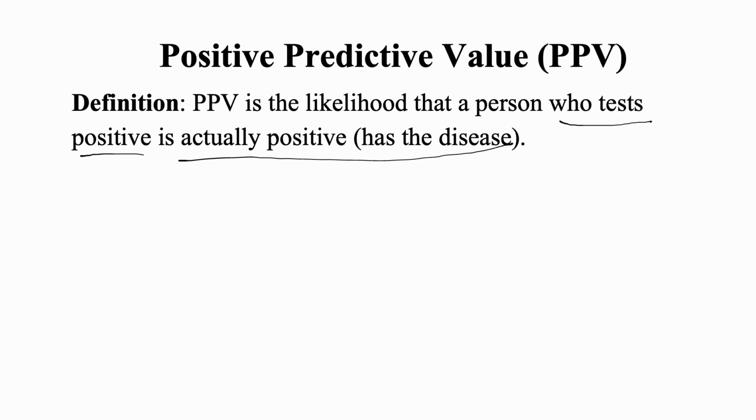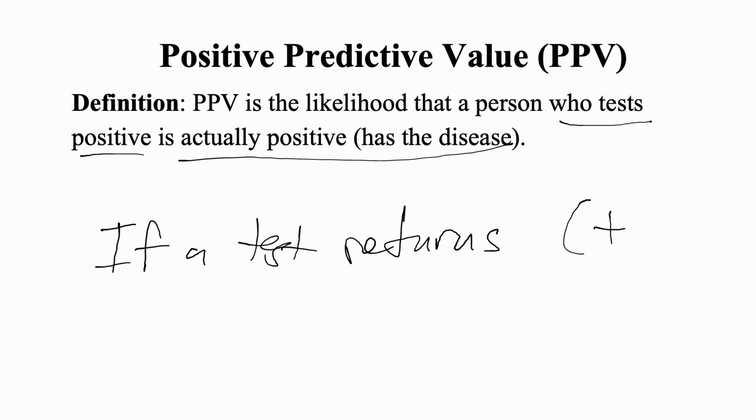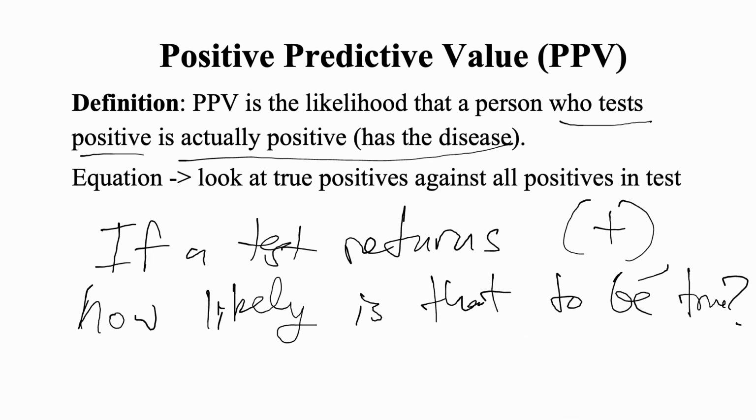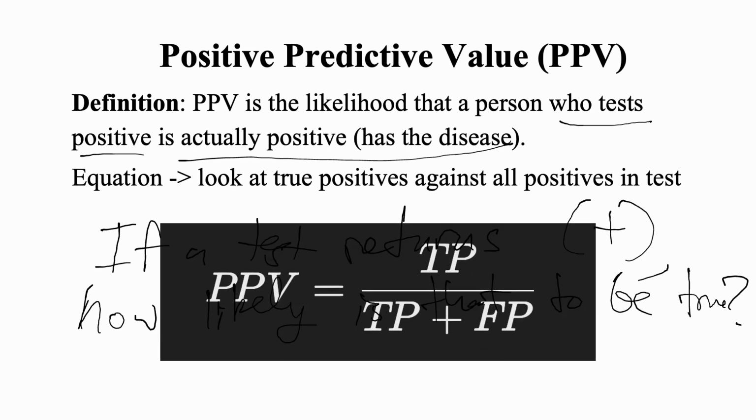Think of it as, if a test returns positive, how likely is that to be true? For the equation, you want to look at the true positives against all positives in the test. So it'll be true positives over true positives plus false positives.